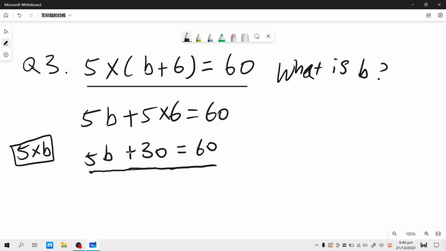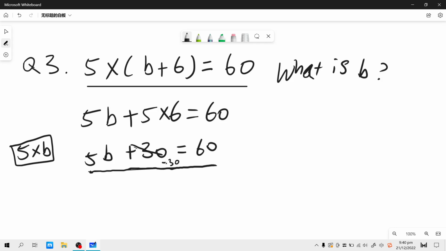You see this plus 30, it means positive 30. But we are finding b. So the first step is to find what 5b is. We don't want the positive 30 here, so we turn this plus sign into a minus sign. If you minus 30, this is cancelled out.